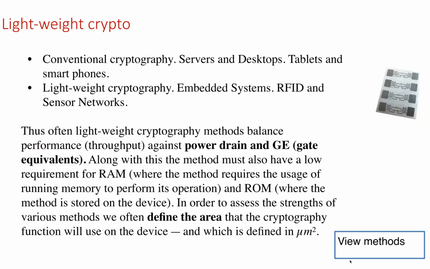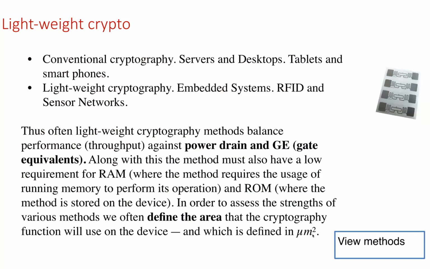So we're trying to find a sweet spot between battery drain, performance, and the number of gates that's actually used, along with the amount of RAM that it uses in memory, and obviously the ROM that it needs to store the actual program. Because remember, some of the processors we use now are very limited. So we typically define an area that the crypto would take up, and that gives us a basic measurement.